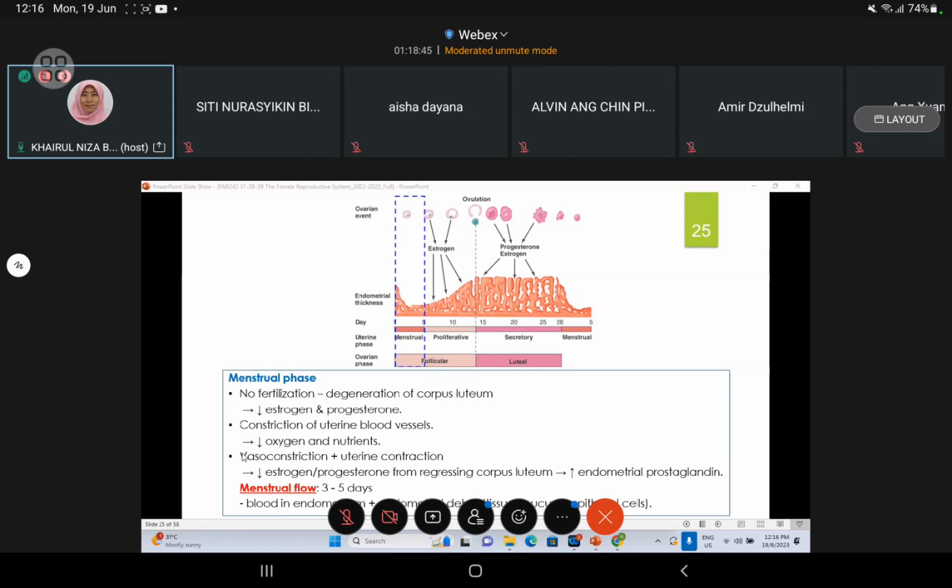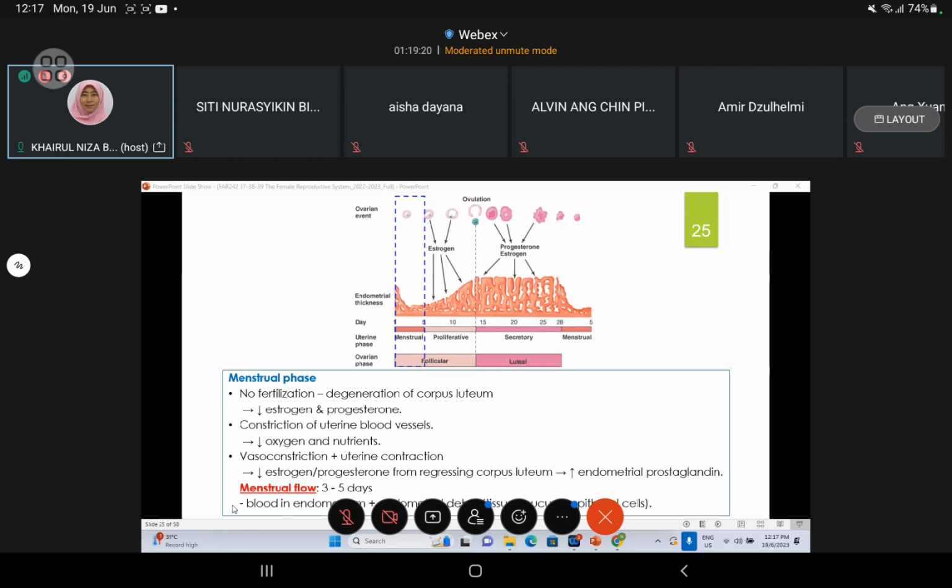There's also vasoconstriction and uterine contraction because of the low estrogen and progesterone from the regressing corpus luteum, and the high endometrial prostaglandin being released, which assist vasoconstriction and uterine contraction. All of this then leads to the menstrual flow that lasts between 3 to 5 days.